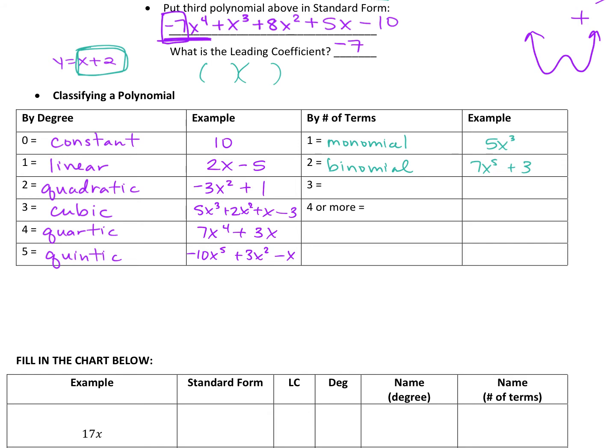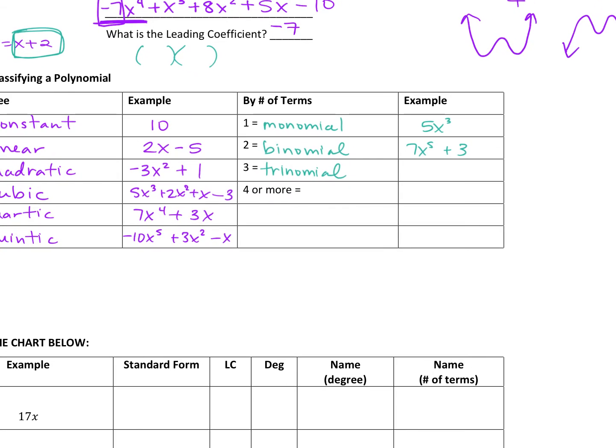What if it has three terms? You know this too. It's a trinomial. A trinomial, as an example, might be x squared minus x minus 6. And then 4 or more, they don't get any fancier names.